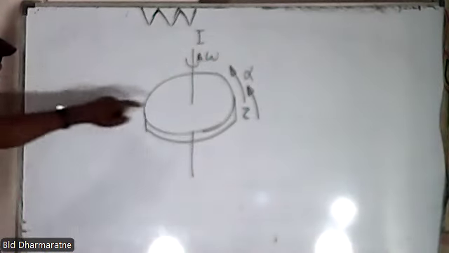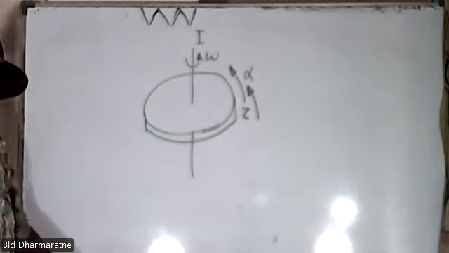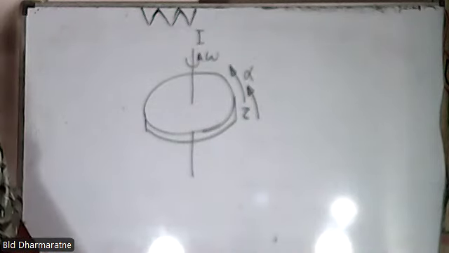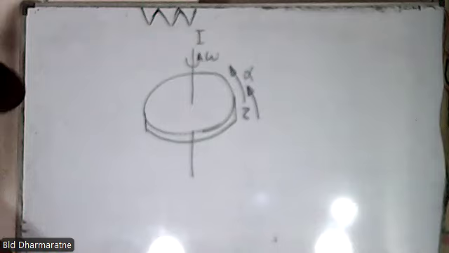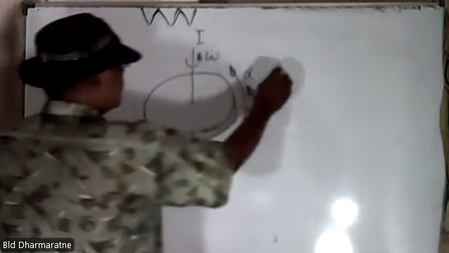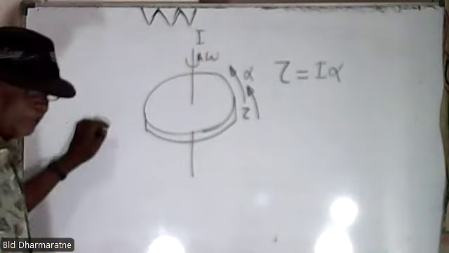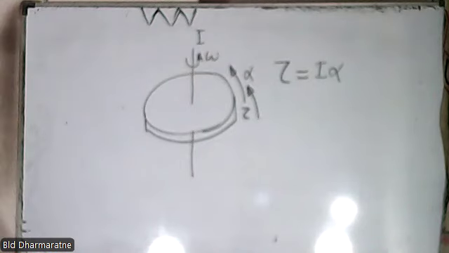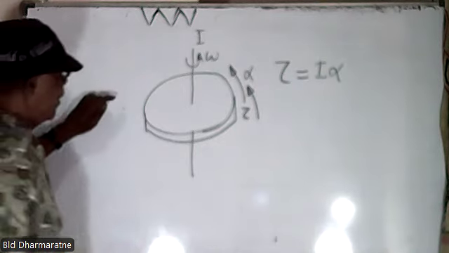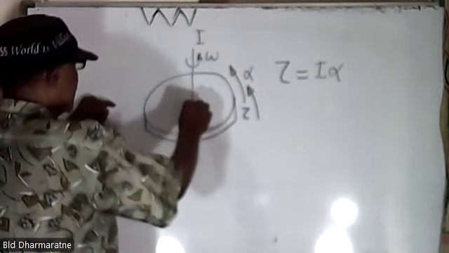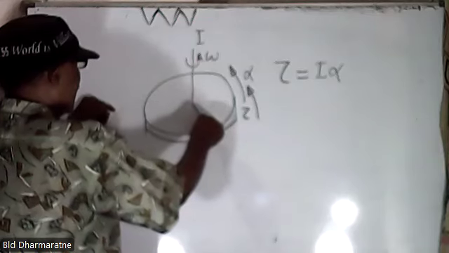The torque tau equals I alpha. You remember this: tau equals I alpha.